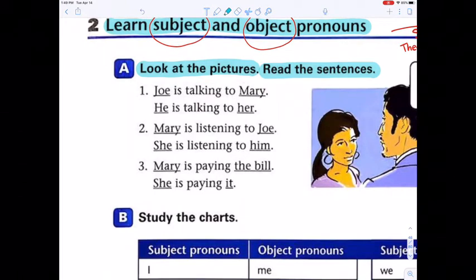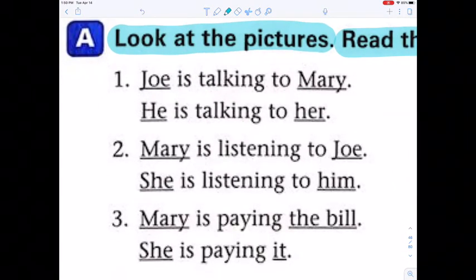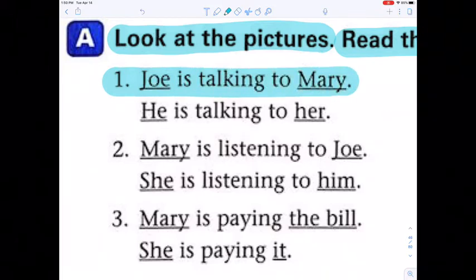Let's read the sentences. I'll read and then you can repeat. Number 1. Joe is talking to Mary. He is talking to her.